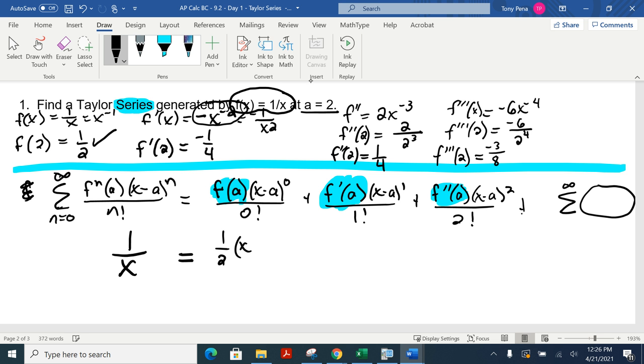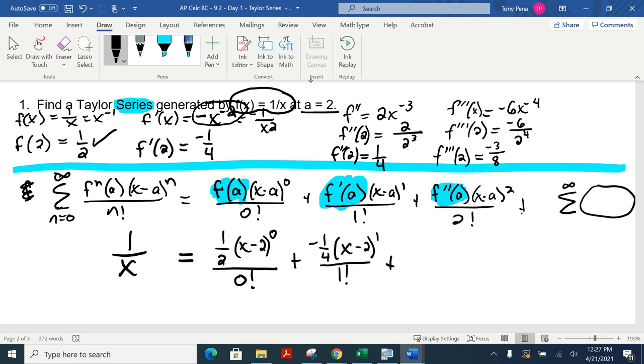And then for the first few, I am going to write this, even though it's obviously unnecessary, just so we understand this pattern. Really, your functional value will be your first term. Then you're going to do plus, and then we want the first derivative value, which we found to be a negative 1/4. And then we want x minus 2 to the power of 1 over 1 factorial.